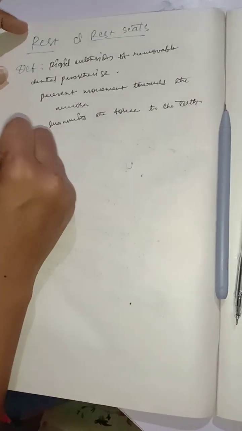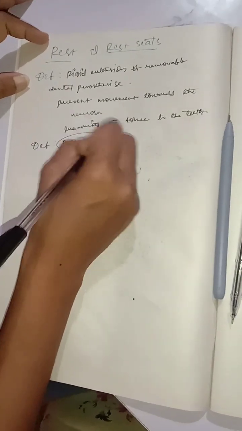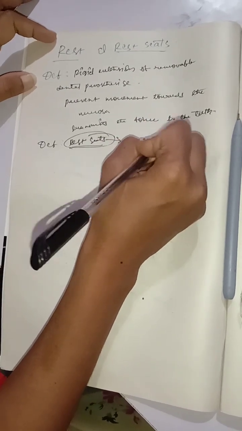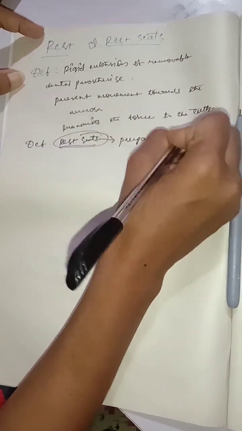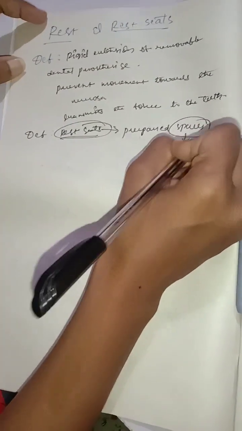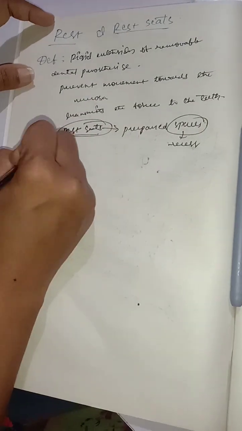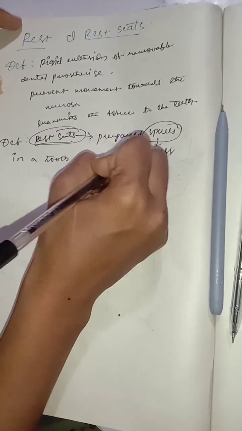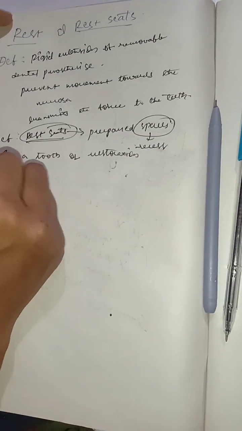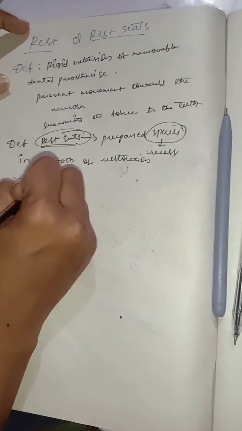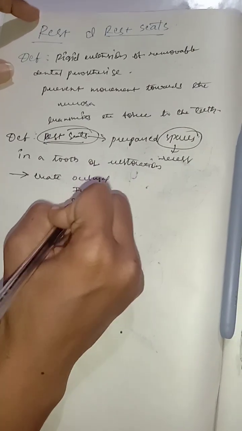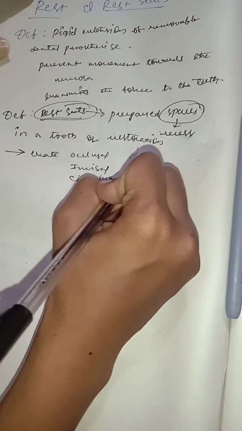Now come to the definition of rest seats. Rest seats are prepared space. We should not write it as space; another name for it is recess. A prepared recess in a tooth or restoration, for creating occlusal, incisal, or cingulum rest.